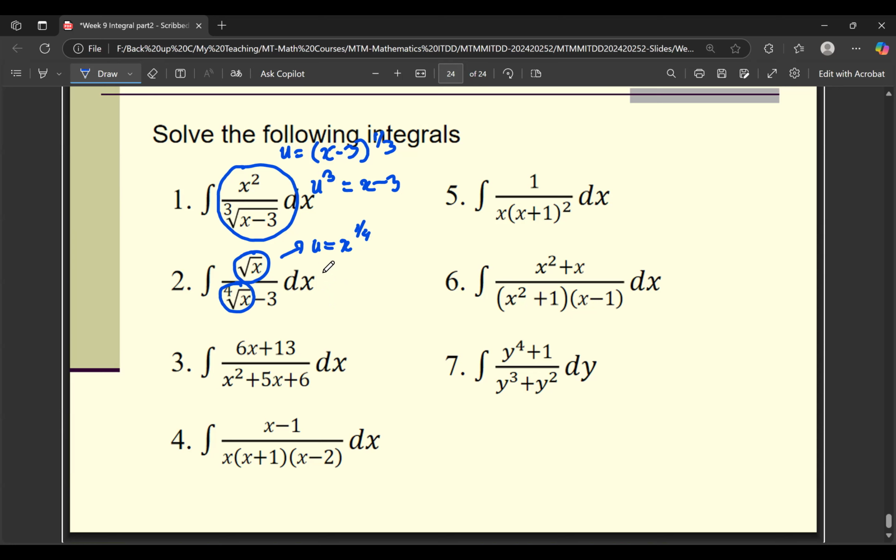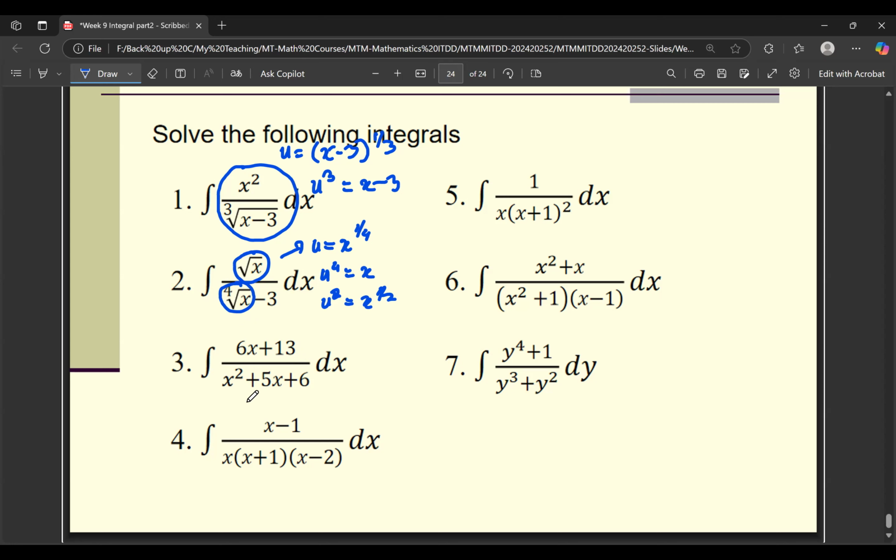And of course, we have u to the 4th is equal to x, or u squared is equal to x to the power of a half. So this is the substitution for number two.